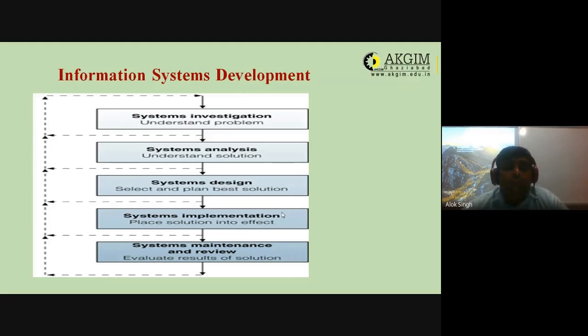You need to decide what you actually want to map. So select and plan the best solution under different industrial contexts, the best plan that you are going to implement in your organization to develop, implement, and maintain an information system.